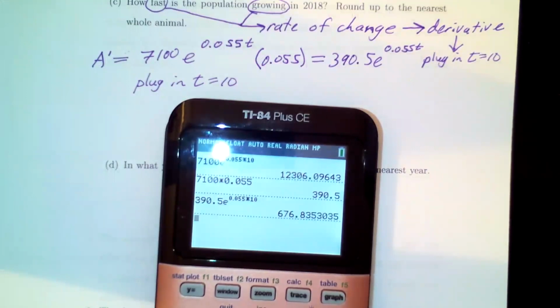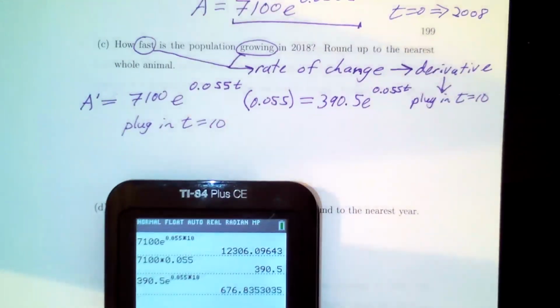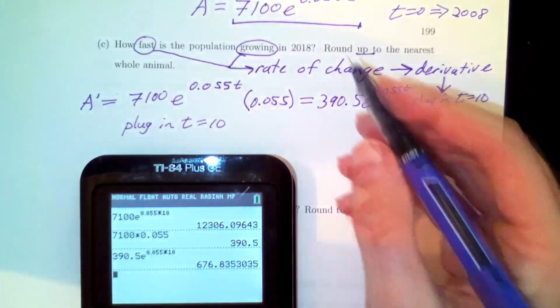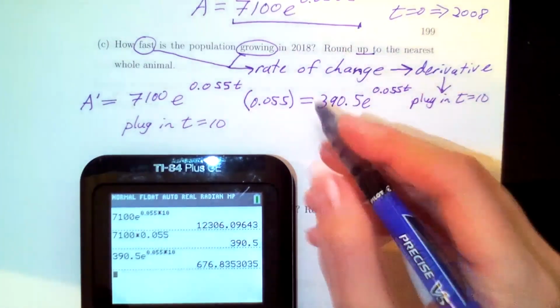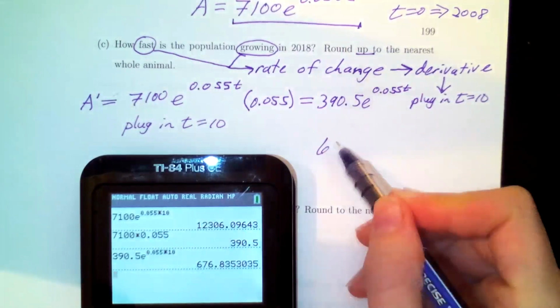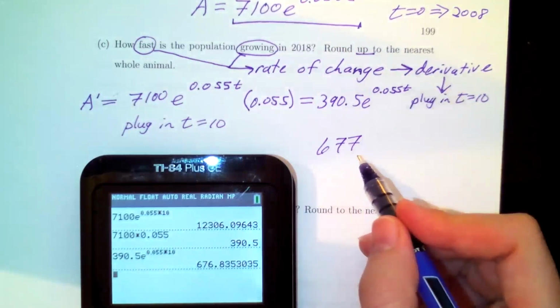And I get 676.835 and some change. Now, again, they will tell you how to round. So this time it does say round up to the nearest whole animal again. So when I plug in 10, if I round up, this gives me 677.